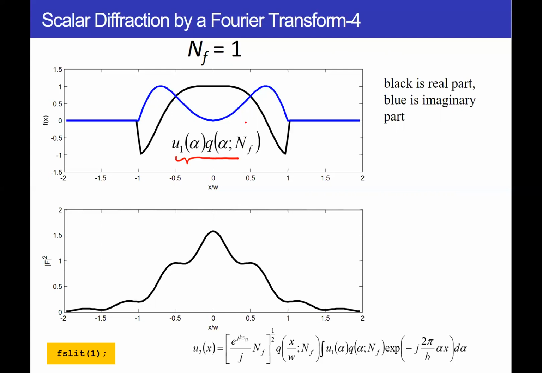And because Q is a complex number, we get the real part and the imaginary part. Black is the real part and blue is the imaginary part. And this is our intensity pattern for NF equal to 1. So in order to plot this, you just type in f-slit, comma, f-slit 1, and then you get this plot. Okay.